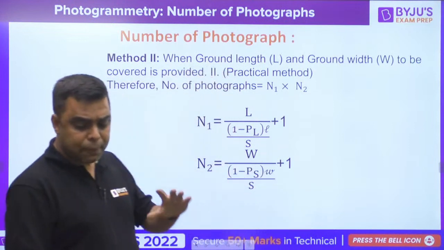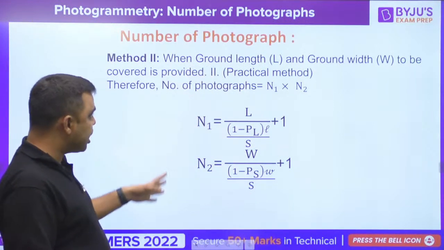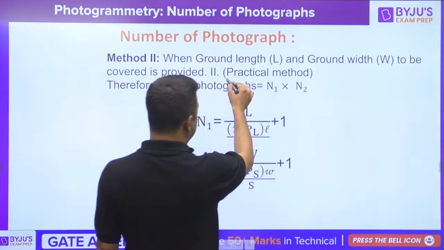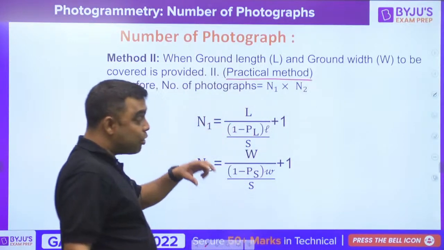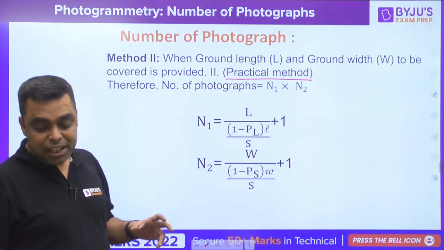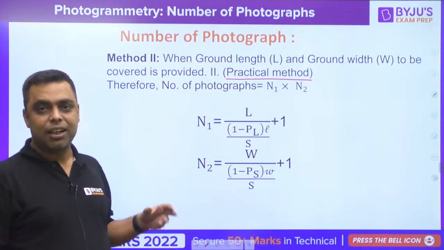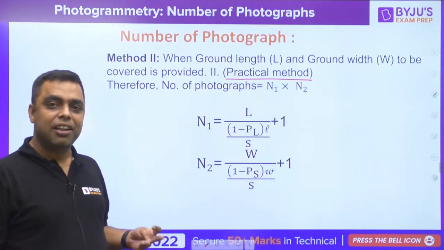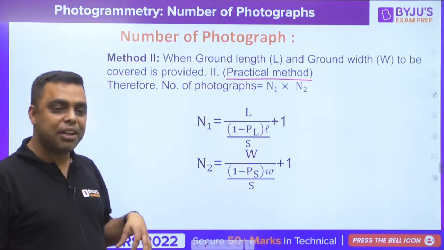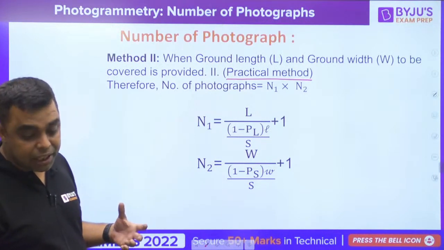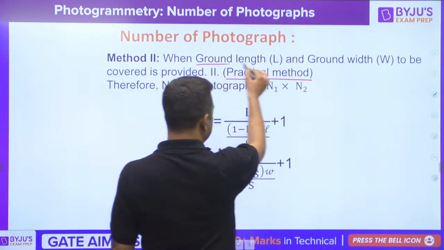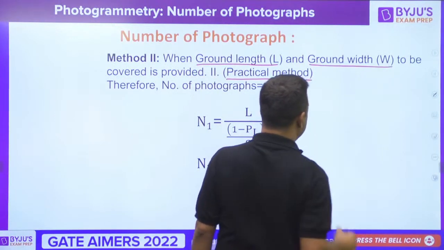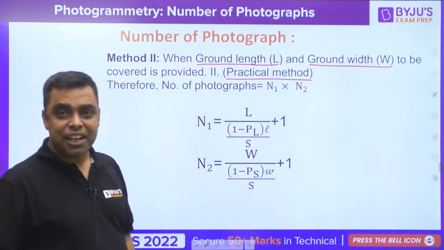Basically the previous method was the theoretical method guys, and this one is the practical method. Now in this case, instead of having the ground area, what we are having in reality is the ground length and ground width.